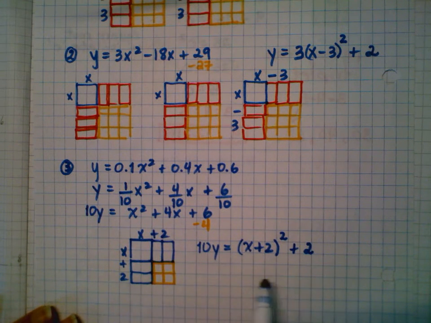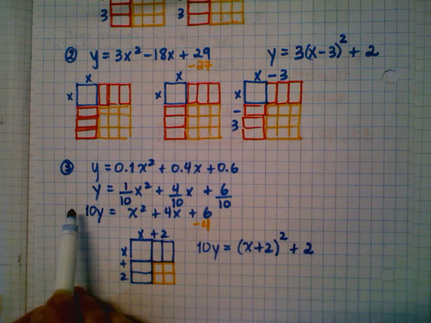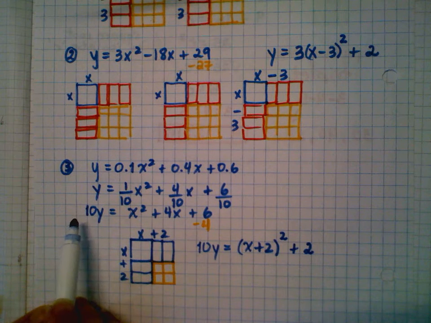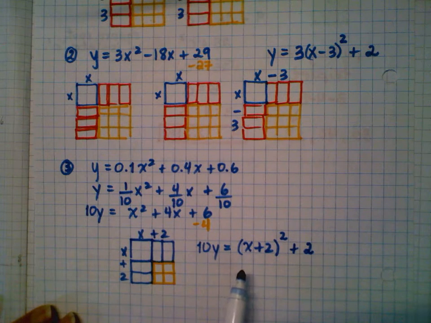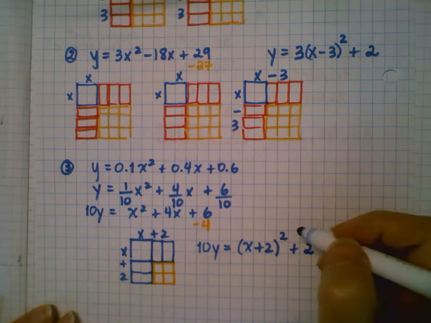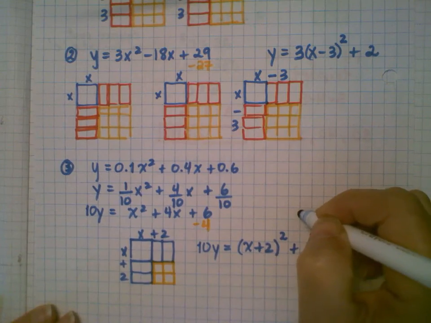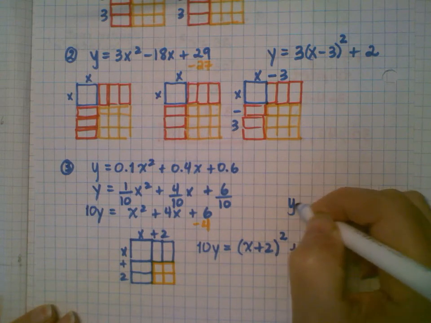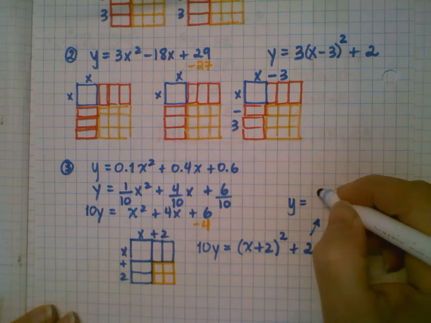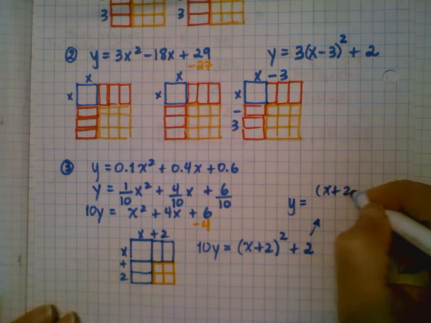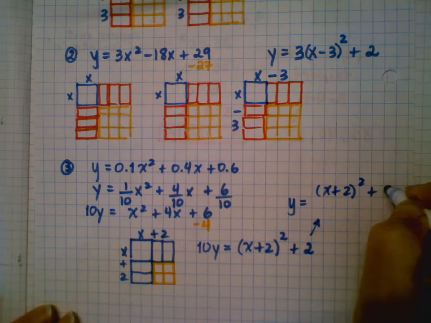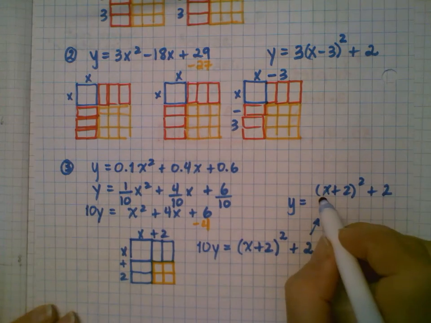So I basically multiplied it off to the left-hand side in order to get it out of the way so that it wasn't complicating my diagram. And then I'm going to divide it back in order to isolate for y in the final form. So final form of this equation is going to be y equals x plus 2 squared plus 2, all over 10.